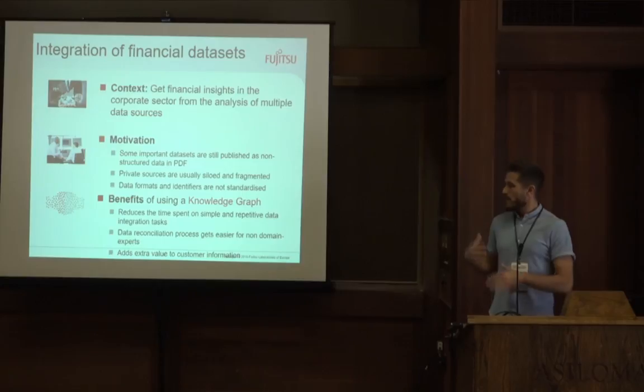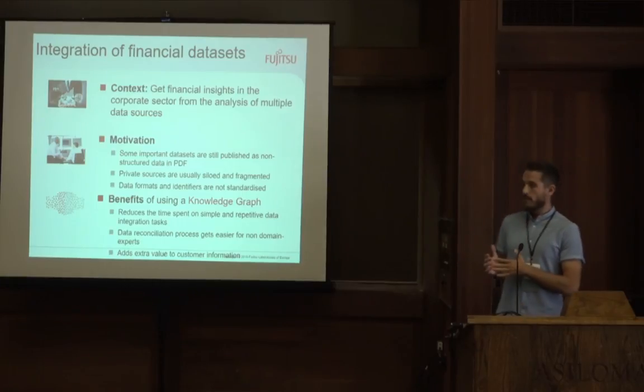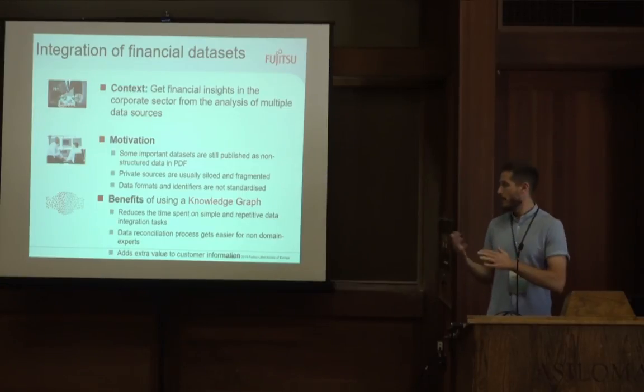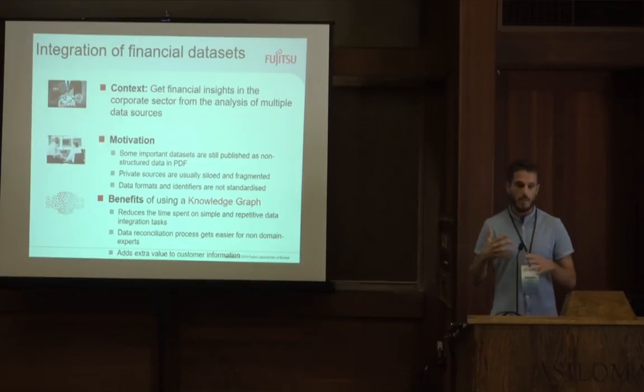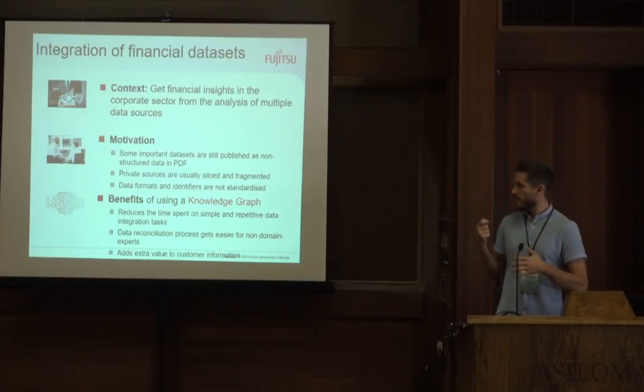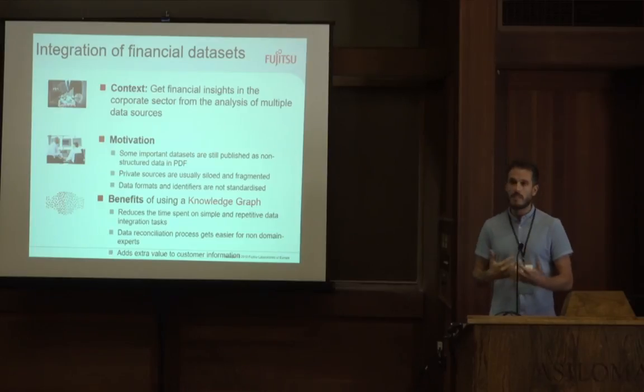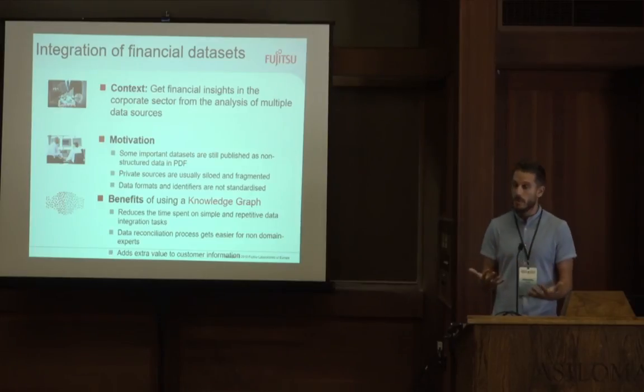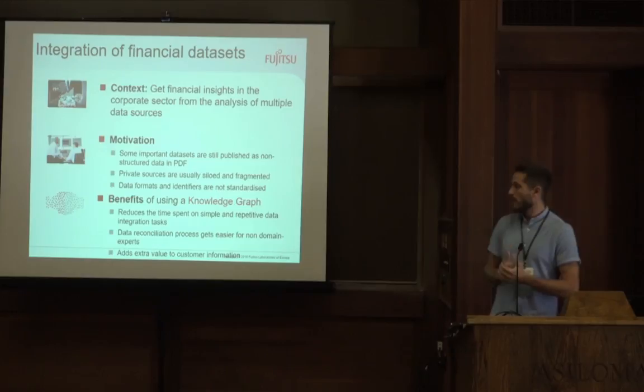So in our case, using a knowledge graph reduces the time spent by the customer, the user, integrating the data, because it helps to do the simple and repetitive tasks quicker. I will show you later how we are organizing this.